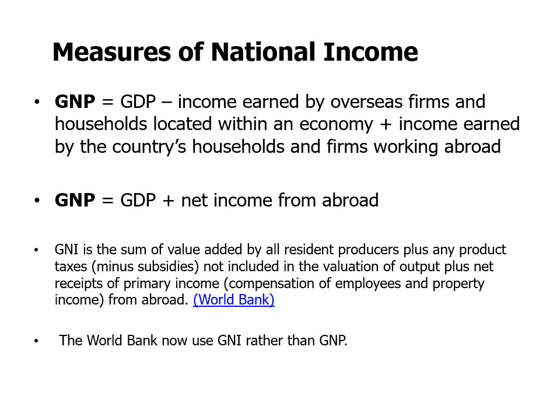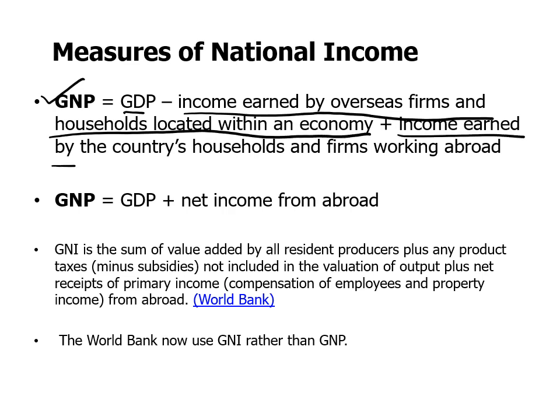So this is how you measure the GNP, the gross national product. The gross national product is your GDP minus income earned by overseas firms and households located within an economy, plus income earned by the country's households and firms working abroad.